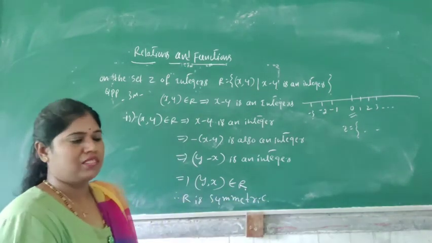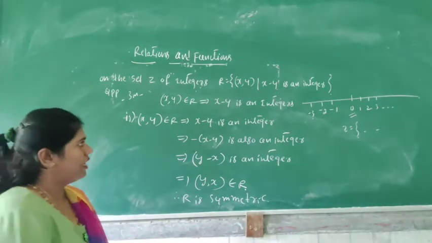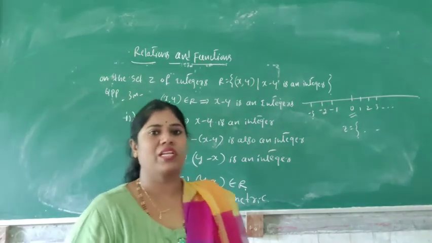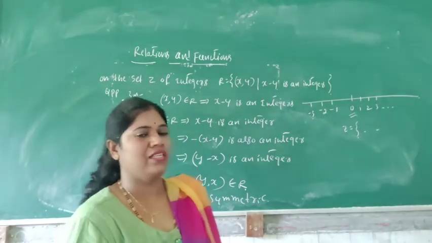So reflexive is over, symmetric is over, and we have to check for transitive.